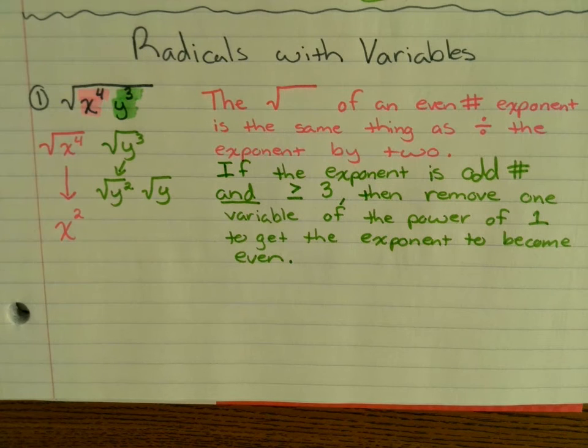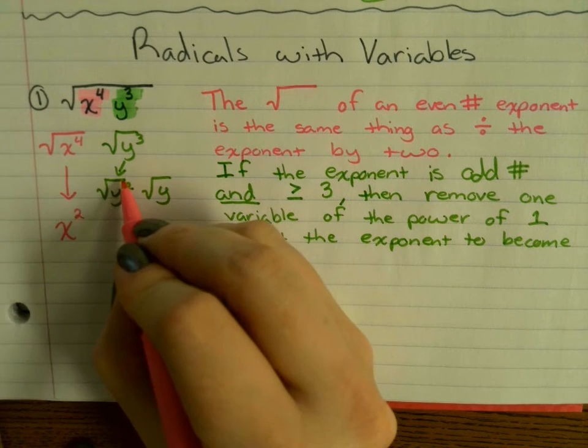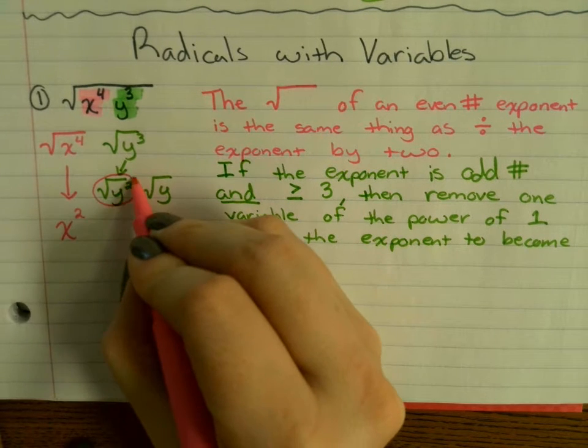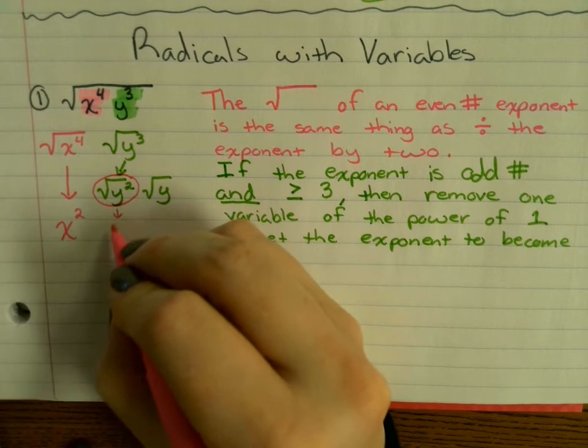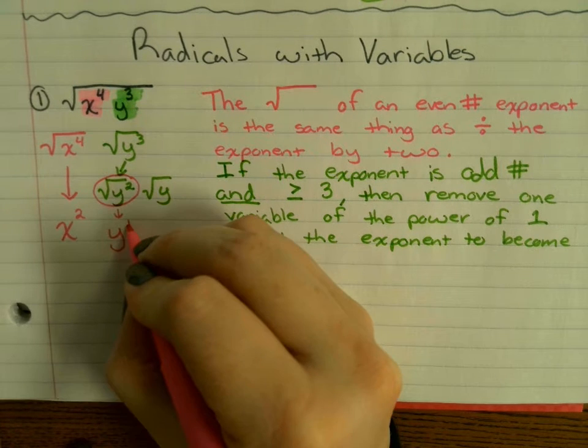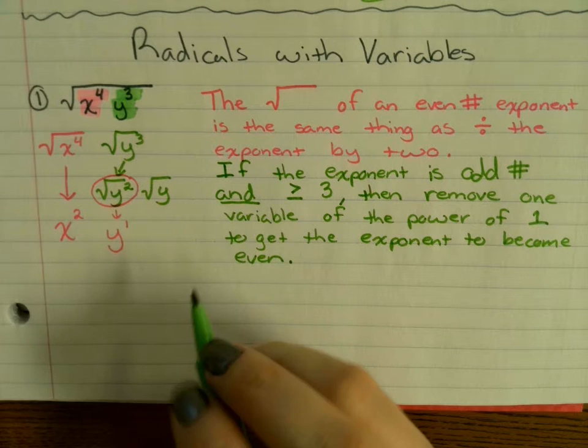Well, then, like I just said before, if you have an even exponent, all we have to do is divide that by 2, and it gives us our square root. So y to the first power. Now, of course, this square root of y is going to come down like normal as square root of y.